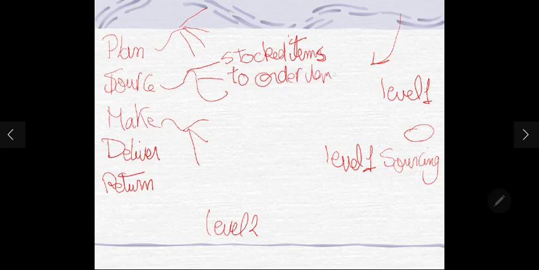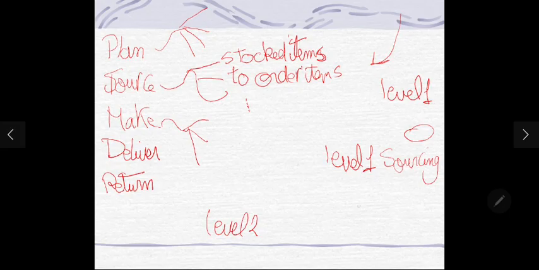So this is called stocked items. Or are you sourcing products that are made to order? So, made to order items. We may have other classifications, but we will not cover them now.